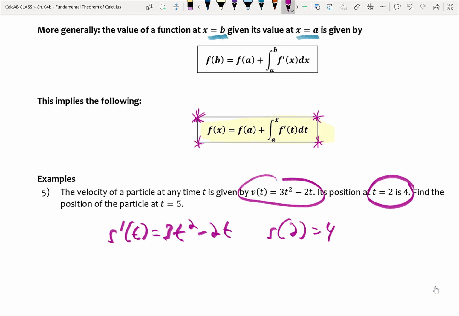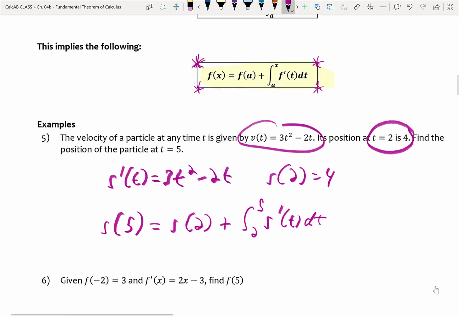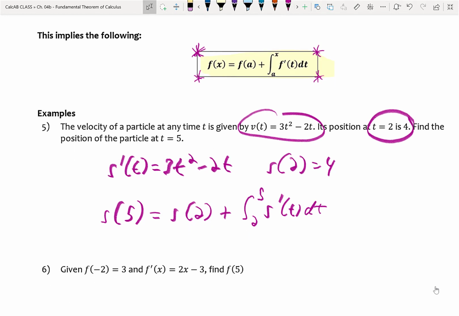So the way I start this is just by saying I want s of 5, and that's going to be equal to s of 2 plus the integral from 2 to 5 of s prime of t dt. Now we just substitute the values we know.